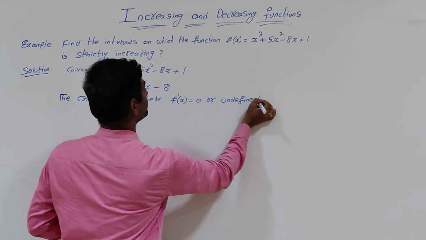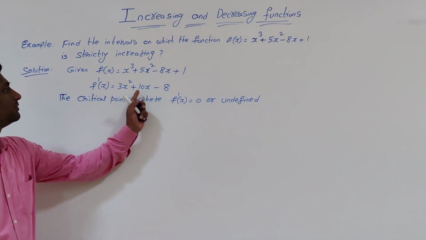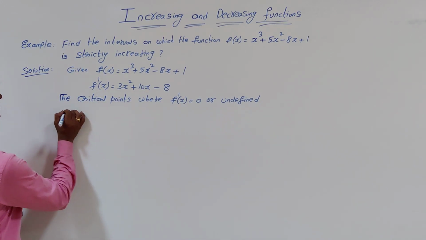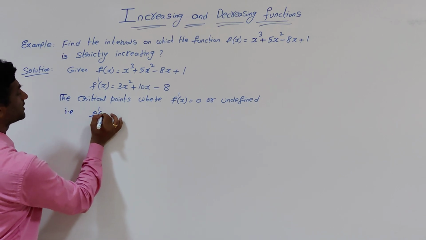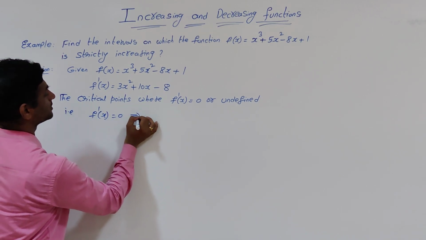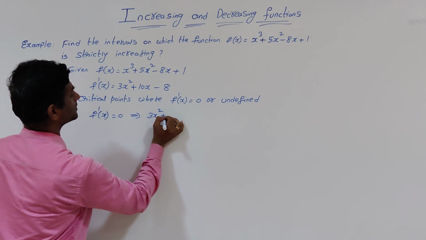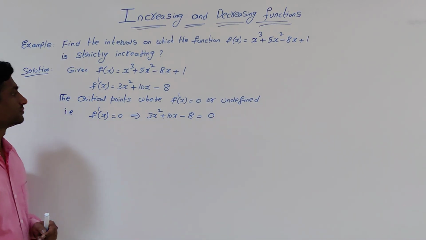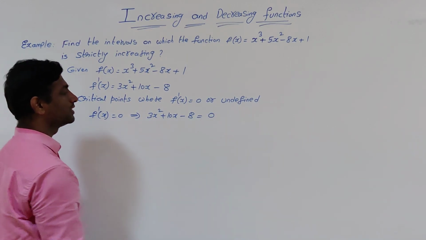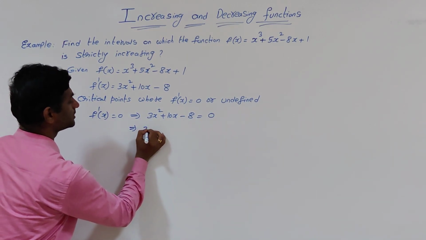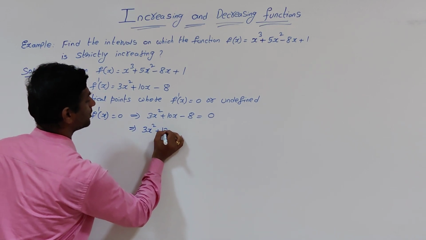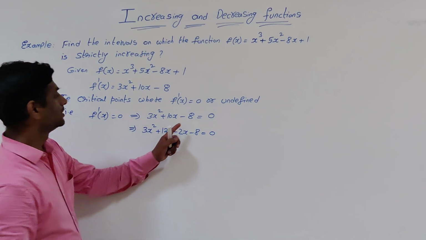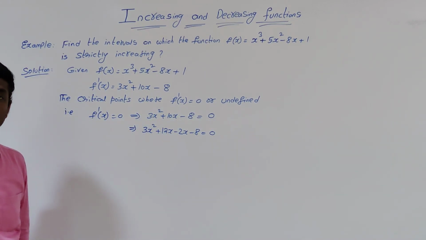We can't have the option undefined in this case because it is a quadratic polynomial. So f dash of x is equal to 0 implies 3x square plus 10x minus 8 is equal to 0. As it is a quadratic equation, this can be written as 3x square plus 12x minus 2x minus 8 is equal to 0, because the product is 24 and the sum should be 10.